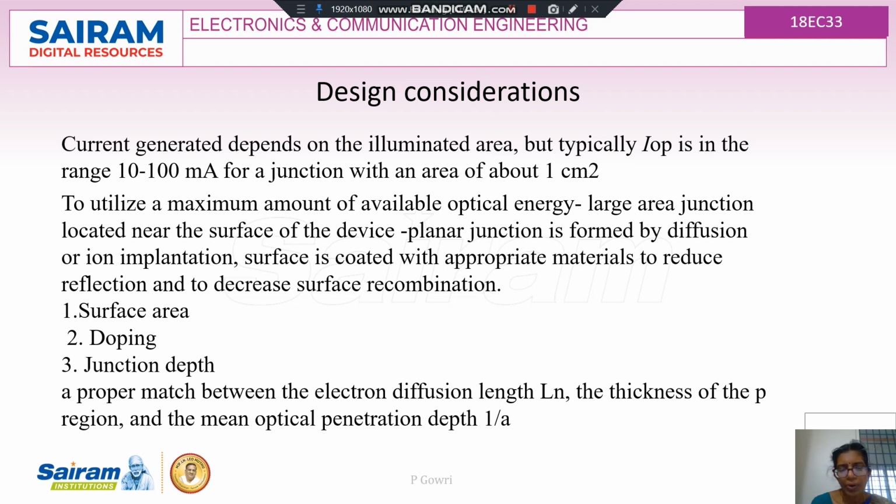There should be a proper match between the electron diffusion length Ln, the thickness of the p region, and the mean optical penetration depth 1 by A. So what is optical penetration depth?